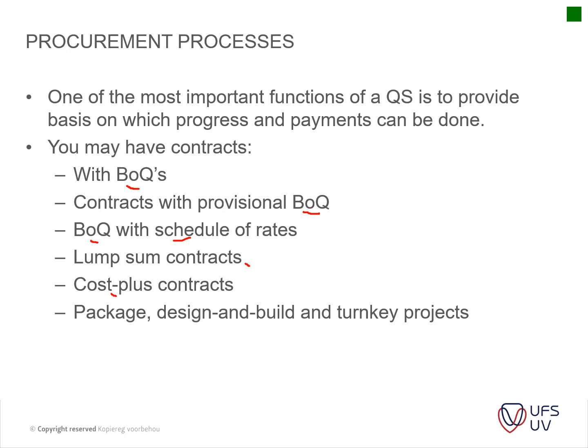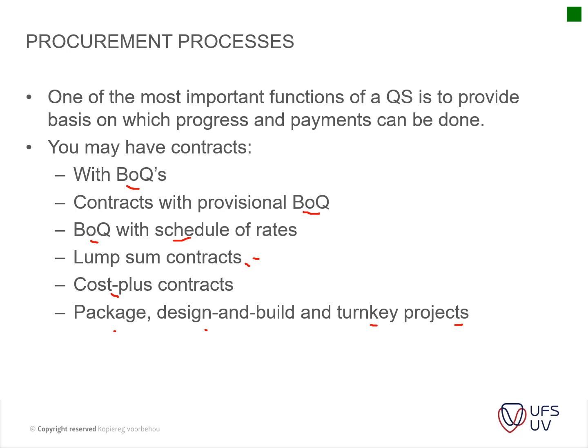And then you've got cost plus contracts. These contracts are usually contracts where the client provides material, and then the contractor adds a certain amount on top of that for labor or so only. Then you've got package or design and build or turnkey type of projects, where the contractor basically does everything, very similar to the lump sum contract, but the design and so on is done by the contractor himself.